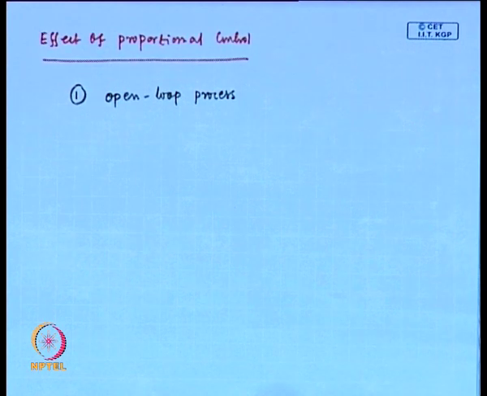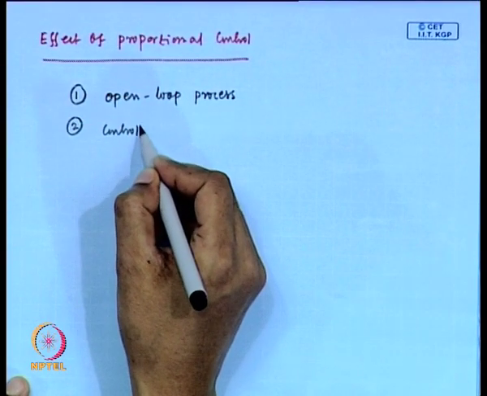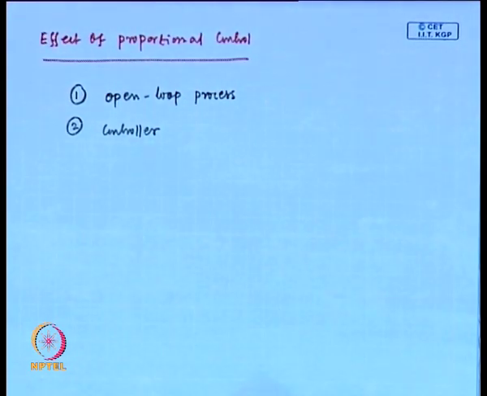Fine. First, we will consider one open loop process. Now, to observe the effect of proportional controller, we need to close the loop. So, for closing, what we need? We need one controller, that is P only controller, because we are going to discuss the effect of P only controller.